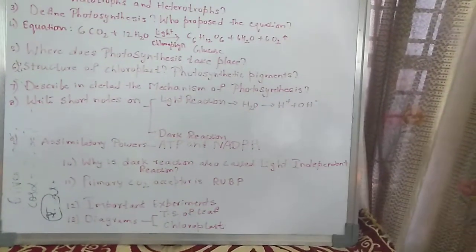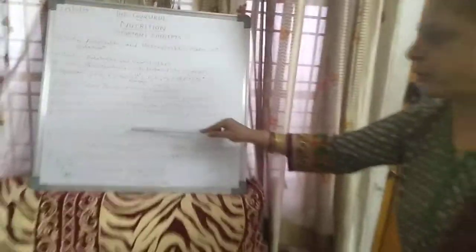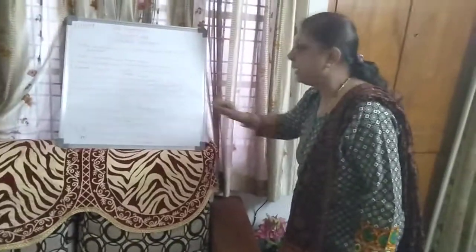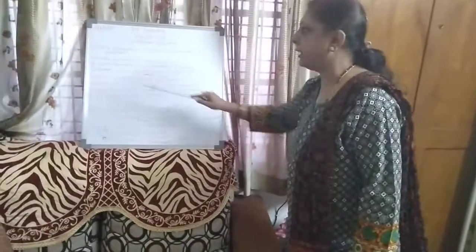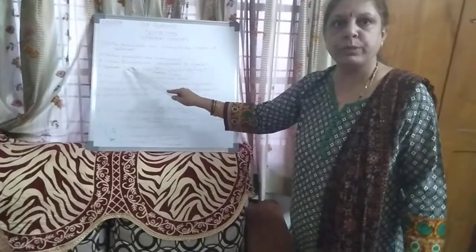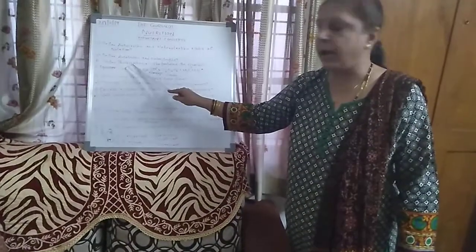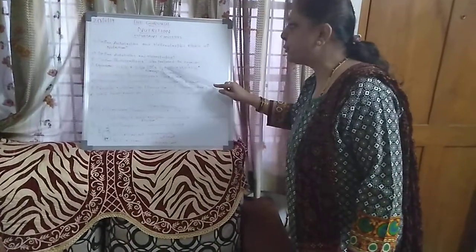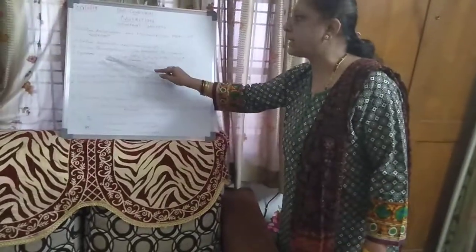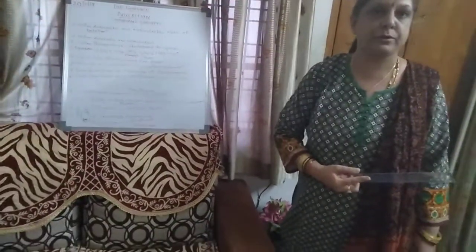Because it doesn't need light for the reaction to proceed. Now what happens in dark reaction? What happens in dark reaction is the carbon dioxide, which is absorbed by the plant, gets reduced to glucose. It is called the reduction of carbon dioxide.